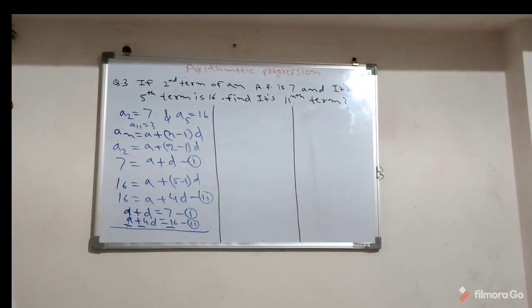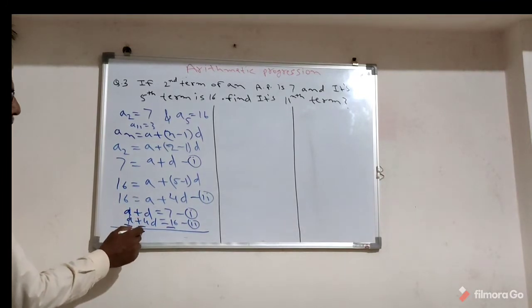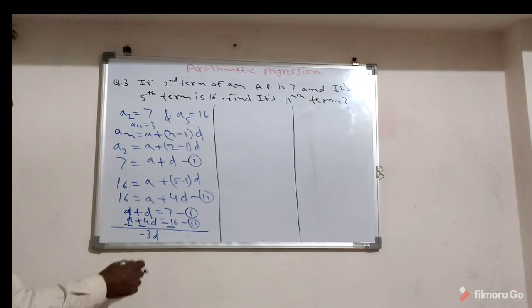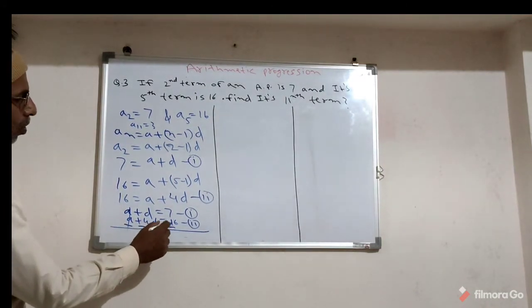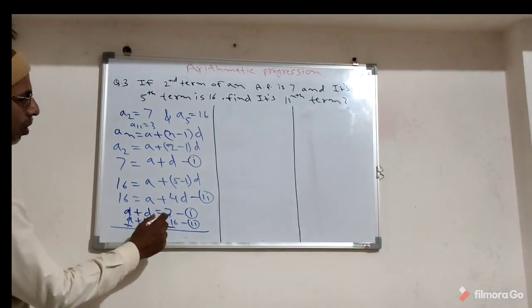Then A cancels, and we get minus 3D. Now subtract 7 from 16.